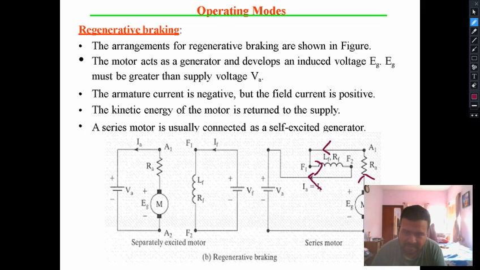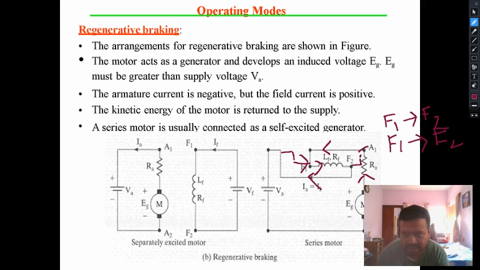During braking operation, the field current flows from F1 to F2, and during motoring the direction is also from F1 to F2.